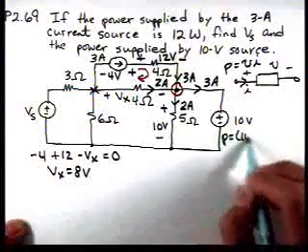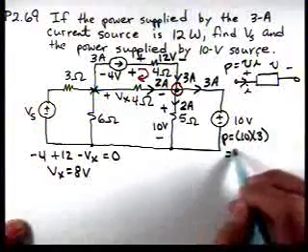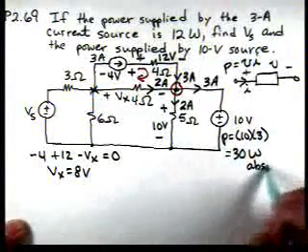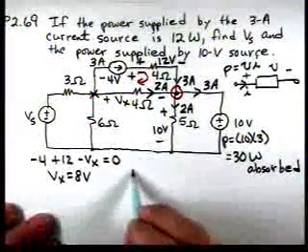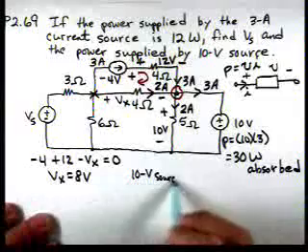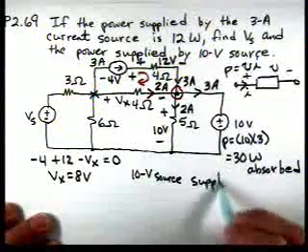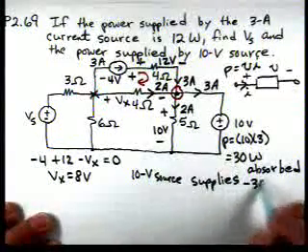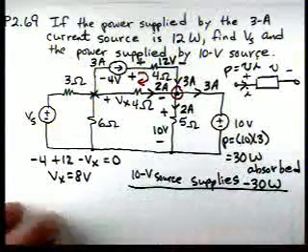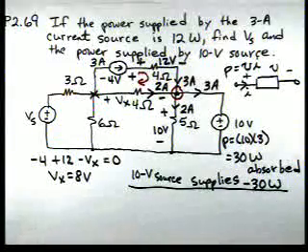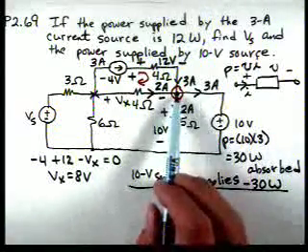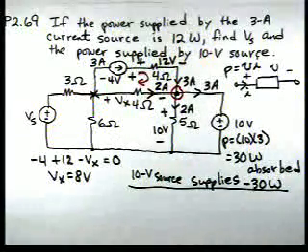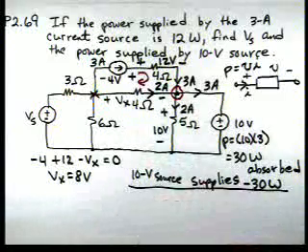So the power, 10 times 3, is 30 watts absorbed. So the 10 volt source supplies minus 30 watts. Since it's absorbing plus 30, it's supplying minus 30, and the current has to be flowing in that direction to satisfy Kirchhoff's current law at that node.